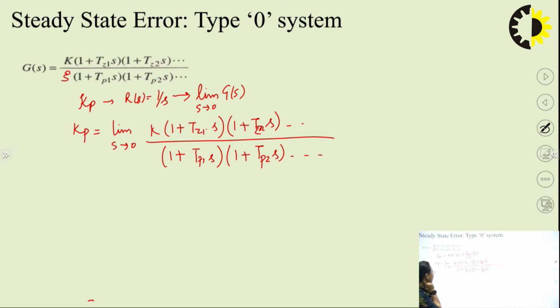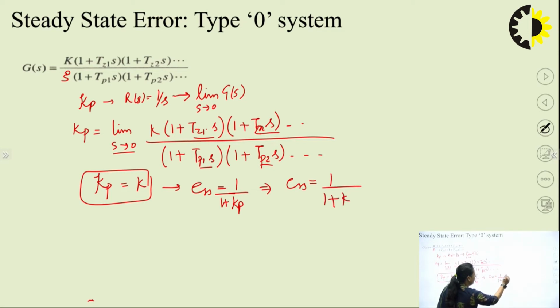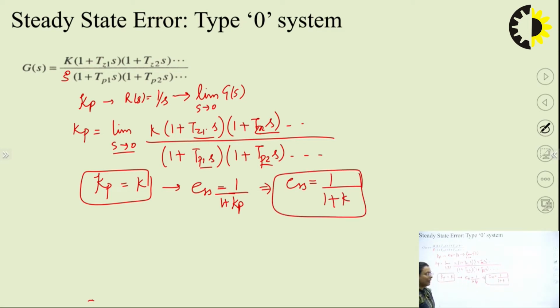When I put s equals 0 in this equation, every term becomes 1 and I get Kp equal to K. The corresponding steady state error ESS is 1 upon 1 plus Kp, so for this system ESS will be 1 upon 1 plus K. So for a type 0 system, the value of Kp will be K, that is a constant, and the steady state error will be 1 upon 1 plus K.